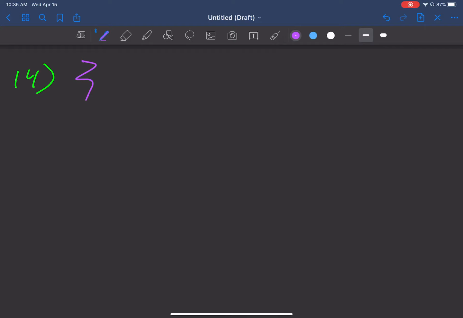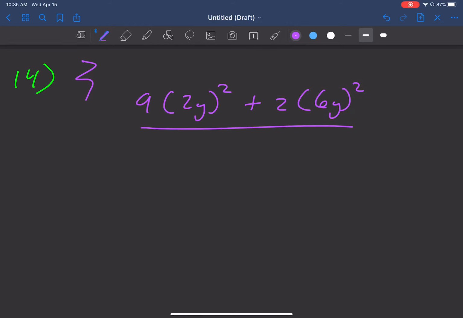Yes, 9 times 2y squared plus 2 times 6y squared, all over 8 times 3y squared. What does this equal? This is the kind of question you want to see. If you're solid on the exponent rules, this is an easy question.